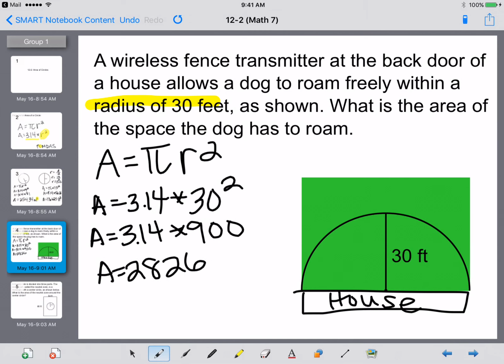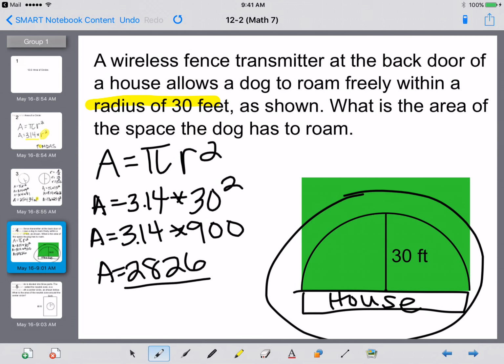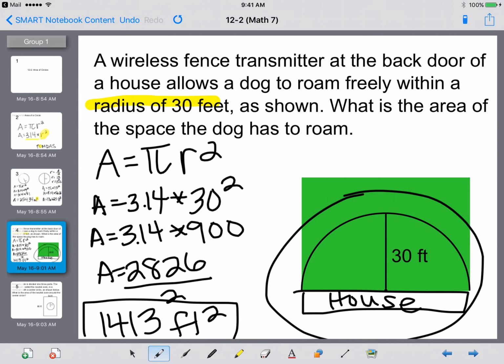But that would be the entire area of this whole circle. We only need half of that. So we're going to divide by 2 to get us a total area of 1,413 feet squared for that dog to be roaming.